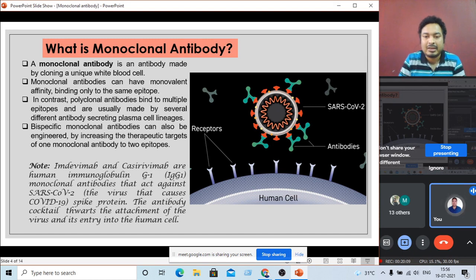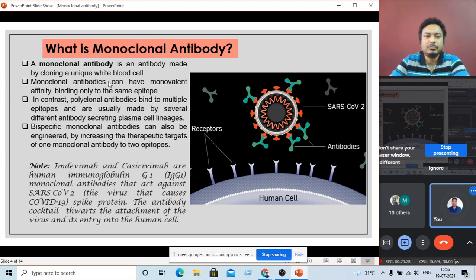This is natural production of monoclonal antibody by a cancer cell. But basically our body cannot produce monoclonal antibody. It is only produced by artificial methods.